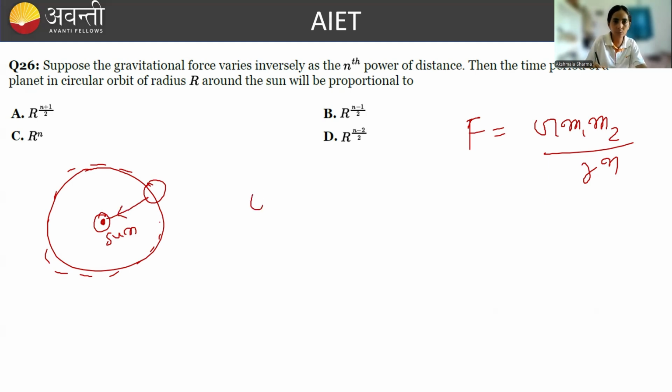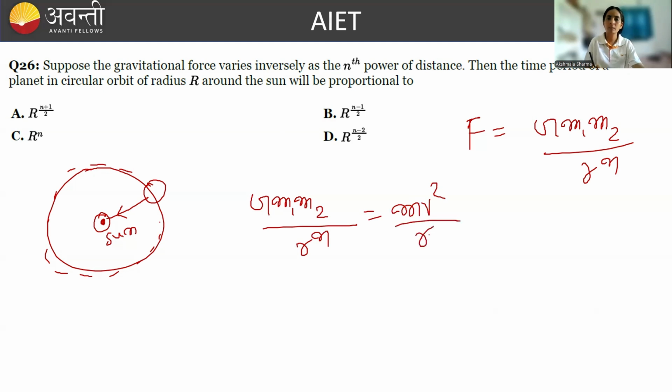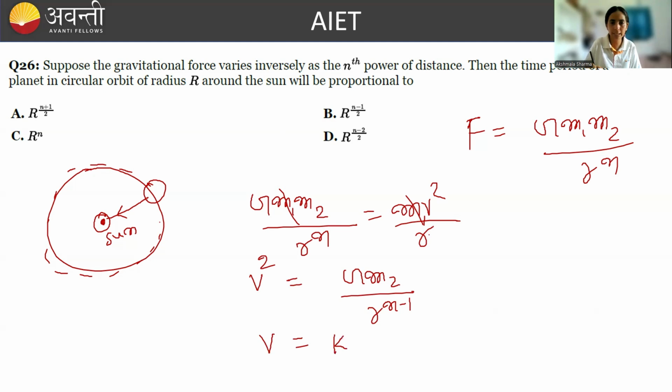So centripetal force G m1 m2 by r to the power n can be written as m v square by r. Then v square, if you take m1, m1 cancels, v square is equal to how much? G m2 by r to the power n minus 1. Then velocity is directly proportional to the square root of r to the power n minus 1.